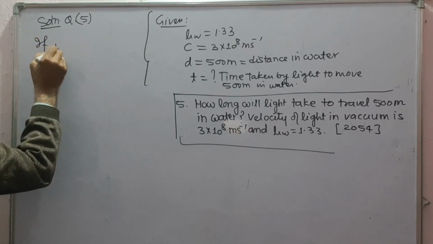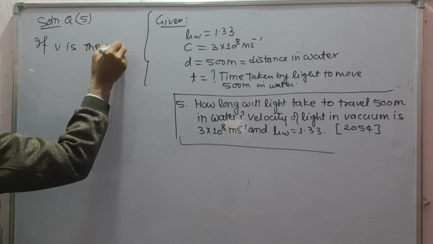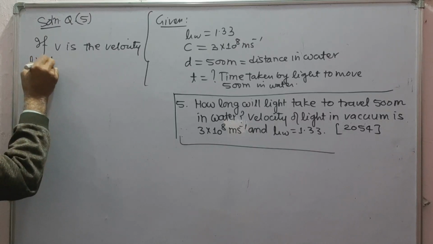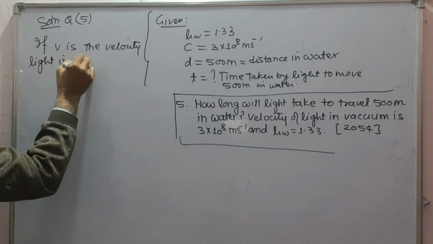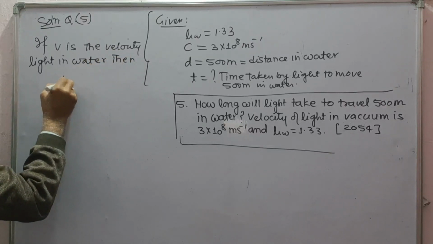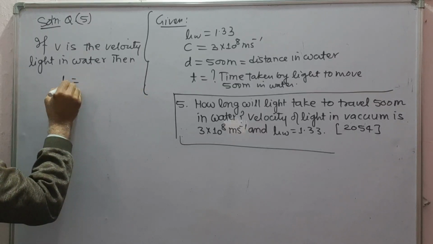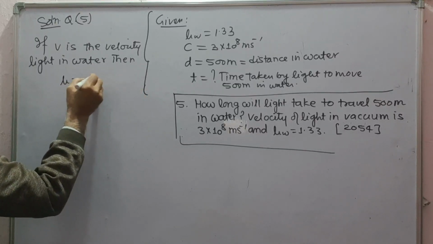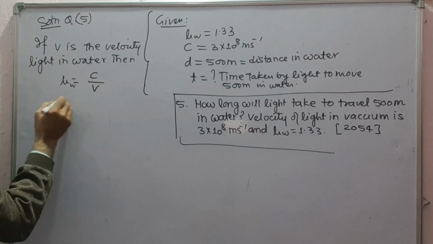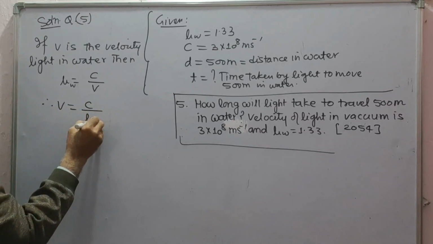If v is the velocity of light in water, then refractive index of water will be equal to C upon V. Therefore, V will be equal to C upon mu water.